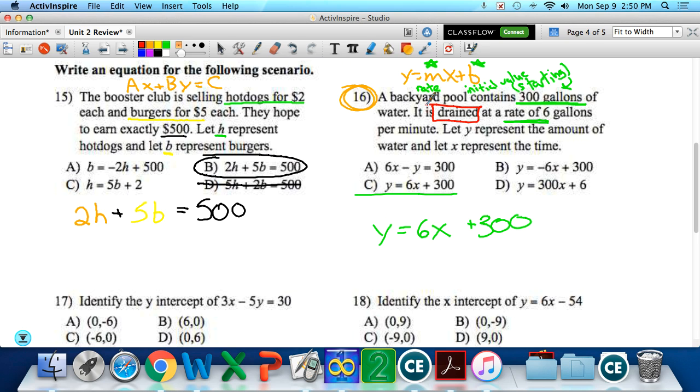That means we need our total amount of water to be going down, which means we need a negative slope, okay? The idea that this pool is being drained causes a negative slope here. If it was being filled, it would be a positive slope. But we need, as time progresses, to be going down in our total. And that's what we've signified there.